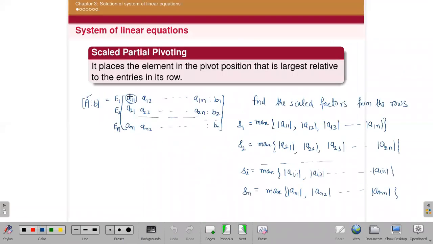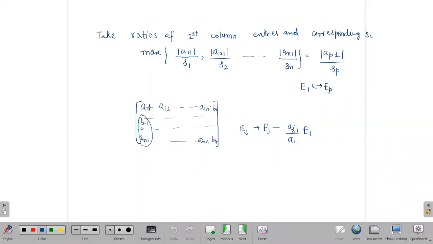Actually Ap1 is the pivot element that we have interchanged here. After making these elements 0, the matrix is reduced to rows with entries A1, A2, and so on up to An, and then B1, B2, up to Bn.